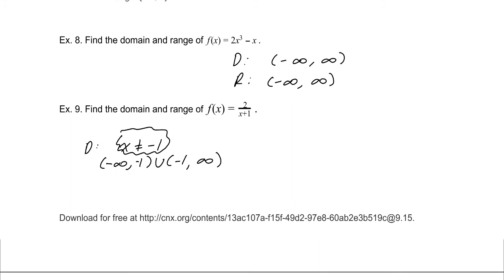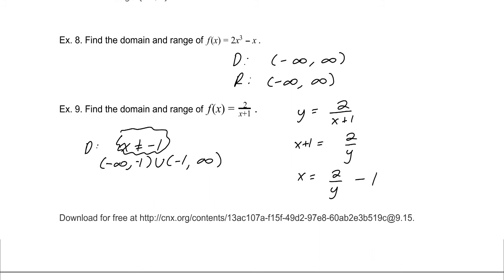All right, so what I'm going to do is rearrange this, y equals 2 over x plus 1, to make the range a little more obvious. If I solve this equation, I'm going to multiply by x plus 1 and divide by y. x plus 1 equals 2 divided by y. So x equals 2 divided by y minus 1.